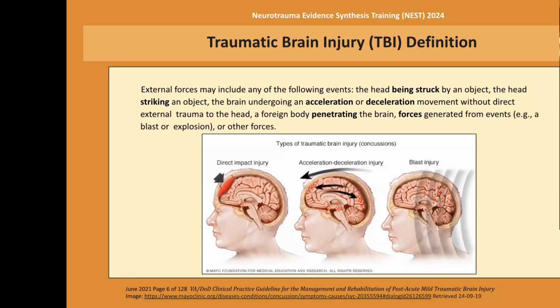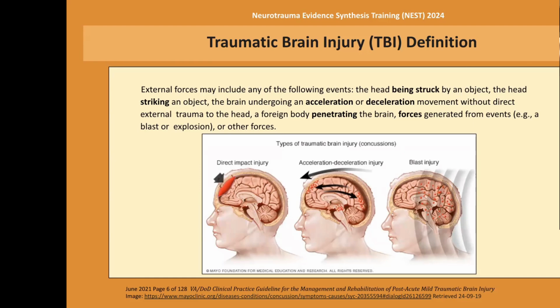So this sort of just demonstrates the different motions that the brain goes through in different types of injuries. So not only could you be struck in the head causing a brain injury, but your head could strike something, have a direct impact that way.